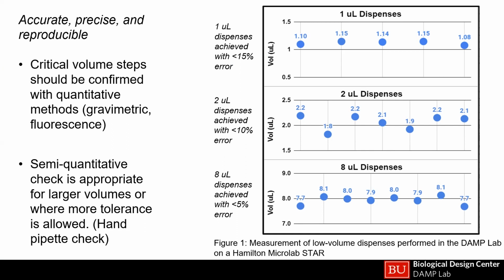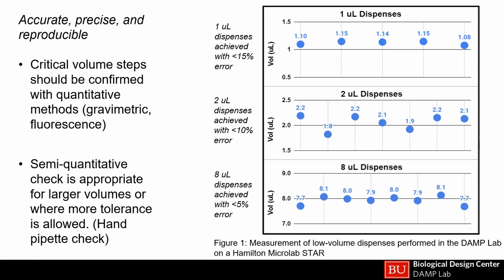I just noted here that it also depends. I think we talked about this at the standards workshop a little bit. Sometimes a protocol might say invert a tube 3 to 5 times or something, and you're like, well, how do I automate 3 to 5 times? But I think another thing is that you need to identify critical steps in a protocol.